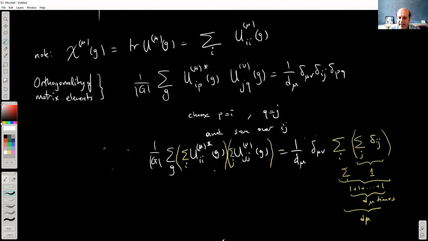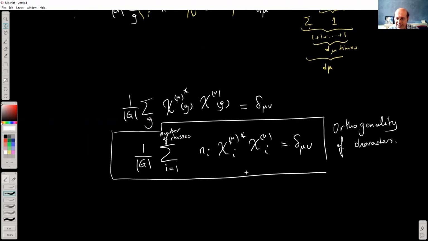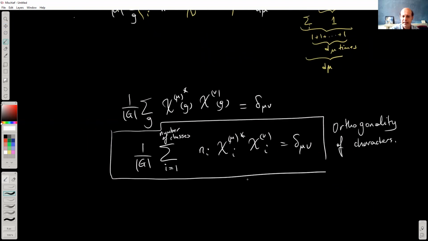So this one is different now. It's the orthogonality of the characters. So in that case, I'm not interested in the matrix representations. I'm not looking at the matrix elements, but I'm just looking at the characters. And the characters do not depend on the similarity transformation that you use. So all equivalent representations have the same character.